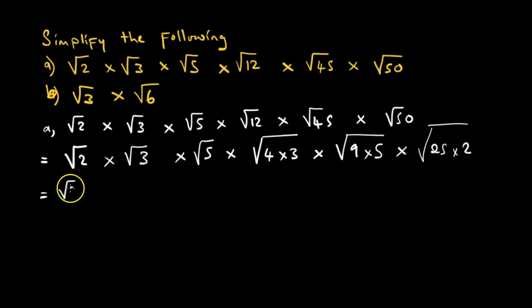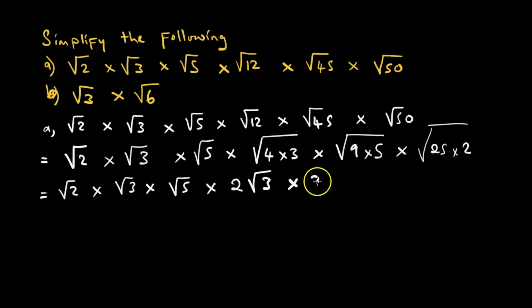So this will be equal to the square root of 2 multiplying the square root of 3 multiplying the square root of 5 multiplying 2 root 3, times 3 root 5 times 5 root 2.